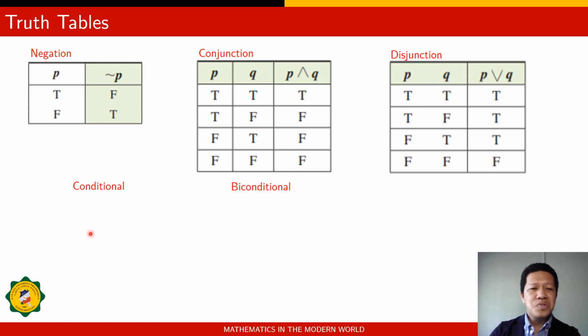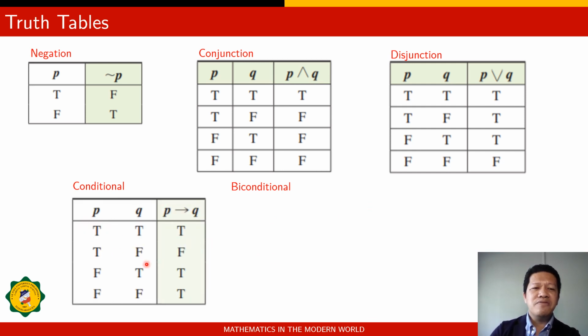Let's proceed to the conditional statement. For conditional, we also need two statements, P and Q here. And here are the possibilities of the truth values of P and Q. As you can see, there is only one possibility that it will be false for a conditional statement: if our first statement is true and the second statement is false, that is, if T then F. So you just memorize TF, that will be false.